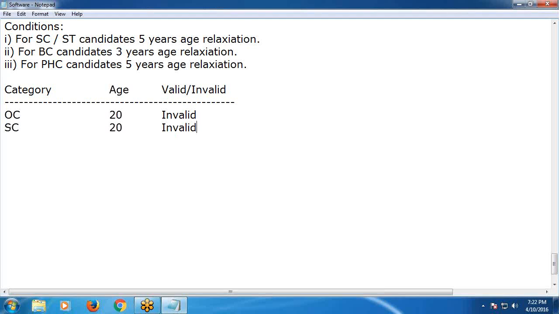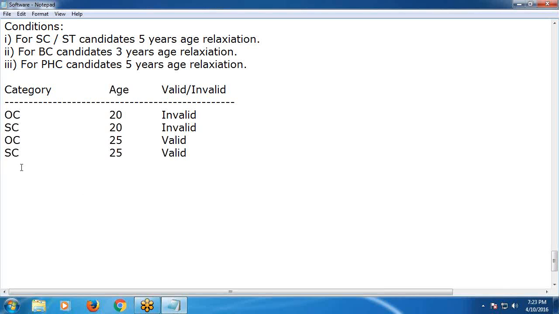Relaxation means after 35 years. Next, OC, 25, valid or invalid? Valid. SC, 25, valid. Valid means pass, invalid means fail.